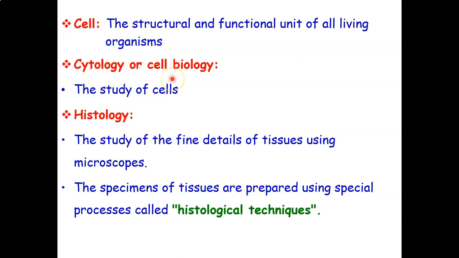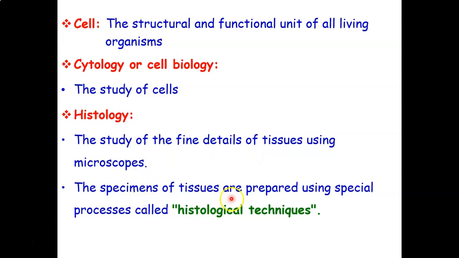Cytology, or cell biology, is the science that deals with the study of the cell, how the cell lives, grows, and performs its function. While histology is the study of the fine details of tissues using microscopes.